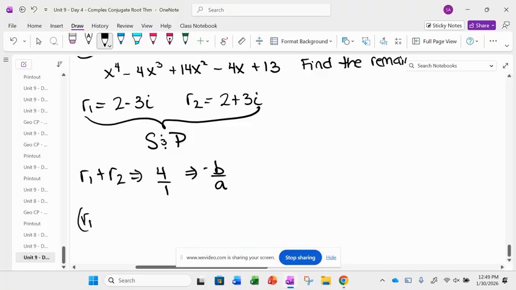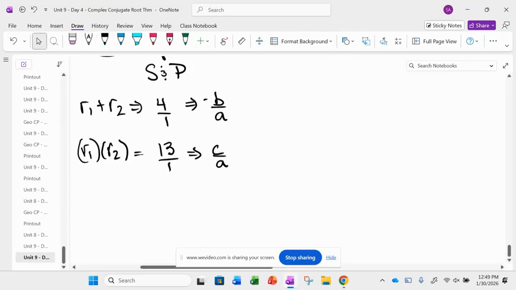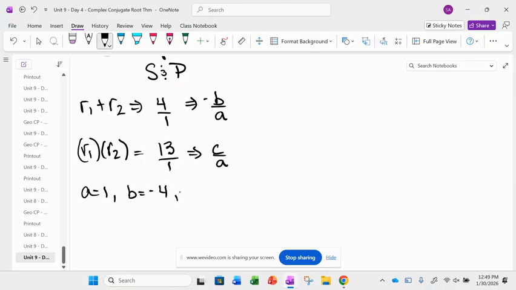And then root 1 times root 2 is going to give us a squared, which is 4, plus b squared, which is 9. 4 plus 9 is 13, not 19. Oh, 13 over 1, which is c over a. So this tells me my a is 1, my b is negative 4, and c is 13. So the factor is going to be x squared minus 4x plus 13.